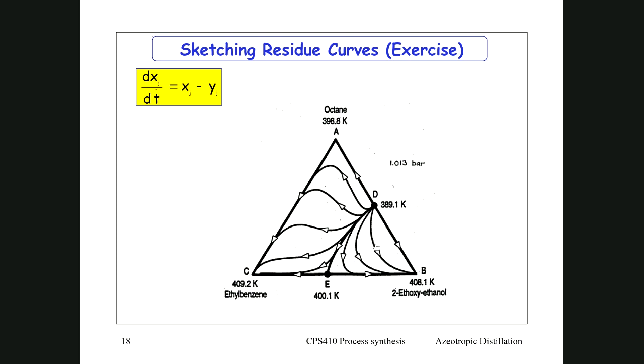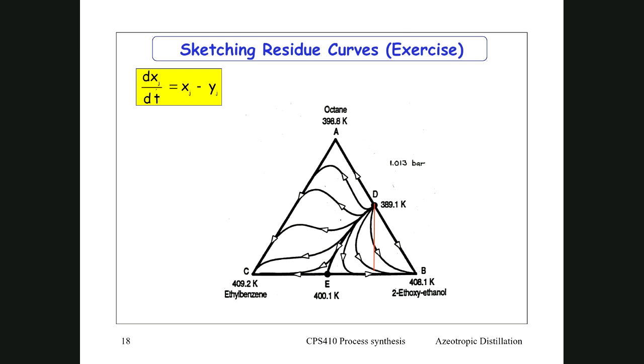I'm going to start drawing lines again. There is the unstable node, assuming that, let me draw the line. That's the unstable node. Assume that the feed is over here, and you can get an EB composition that looks like that on the other side.